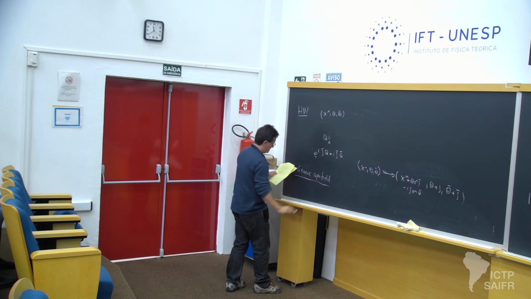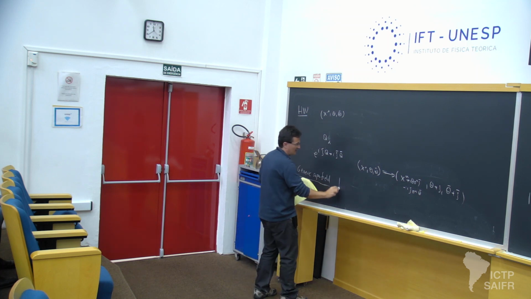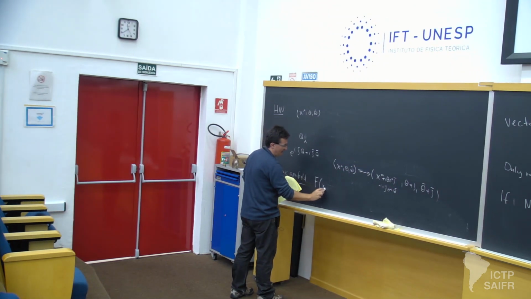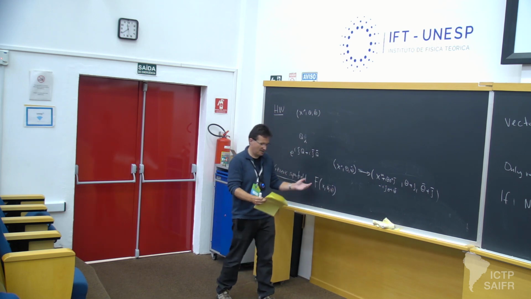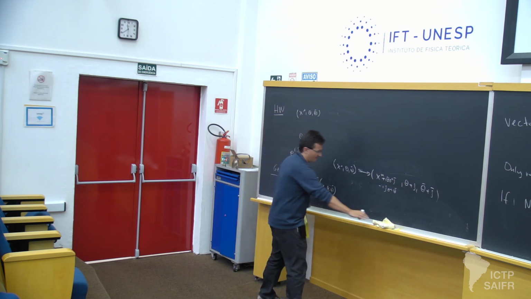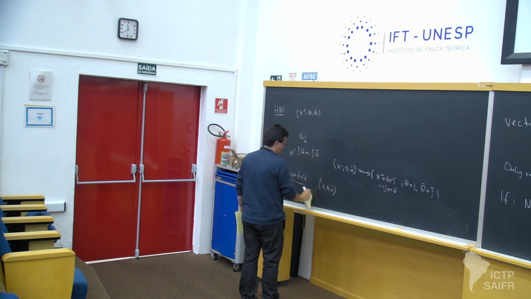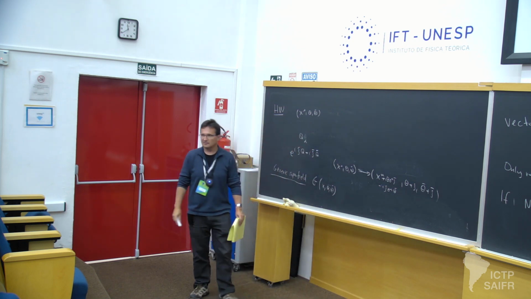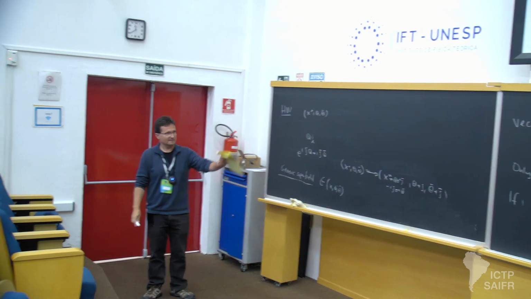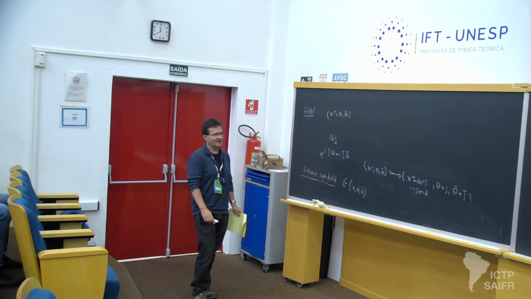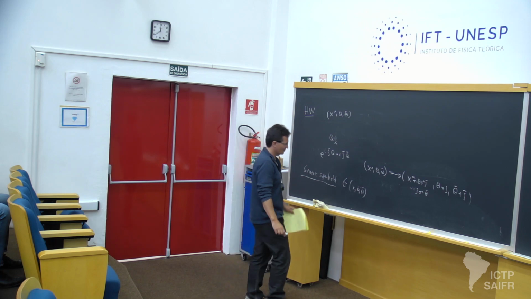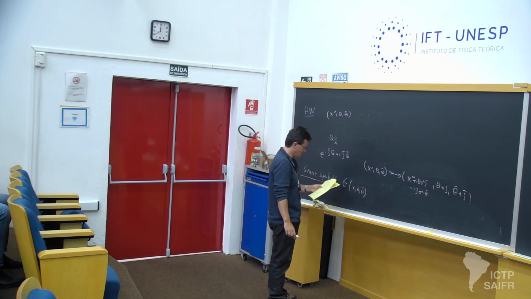That would be just an object that is a function of x, theta, and theta bar. Well, let me not call it F, because F is reserved for the auxiliary component of the chiral superfield. Let me call it G, a generic superfield. Okay, so what would this be?